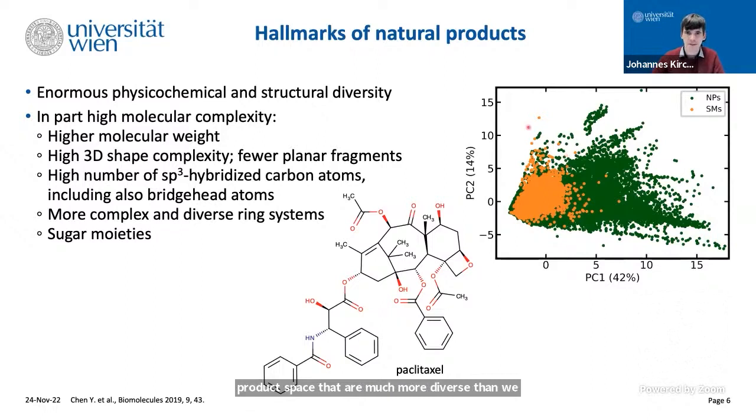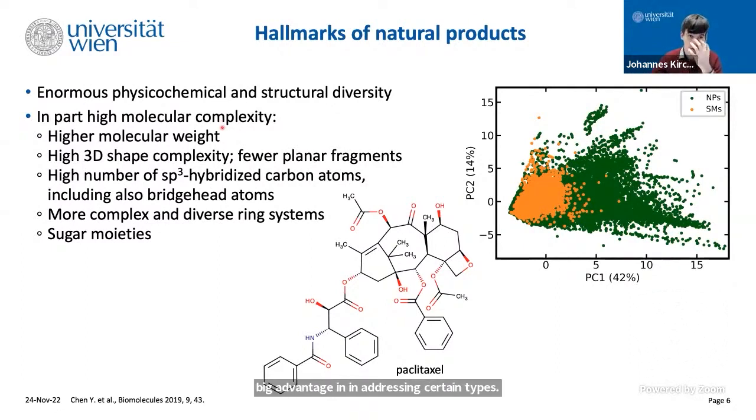So with that comes the fact that natural products are often of high molecular complexity. So we have higher molecular weight, often even above the 500 Dalton that are generally considered the border of not drug likeness, but at least oral bioavailability. We have 3D shape complexity, so that means basically we have molecules that are much more complex in the 3 dimensions, which has a big advantage in addressing certain types of binding sites actually.